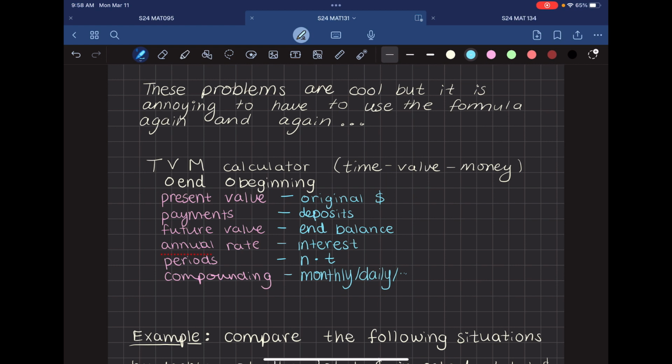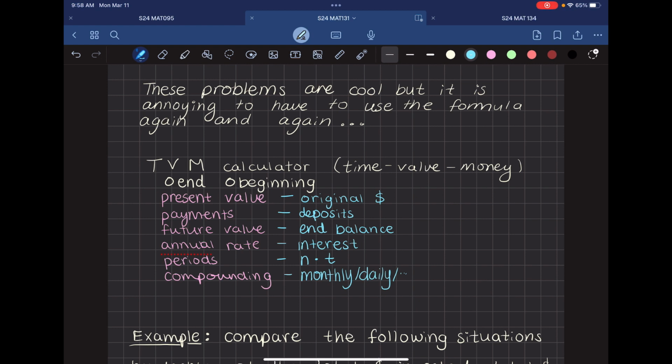When you get your career, it's a good idea to have at least a year of your salary in savings, just in case anything happens, you lose your job, you get injured, anything like that, at a minimum once you get established. And you can use this to plan that out. But using the formula might be kind of tedious, right? Especially if you're wanting to test out different situations.